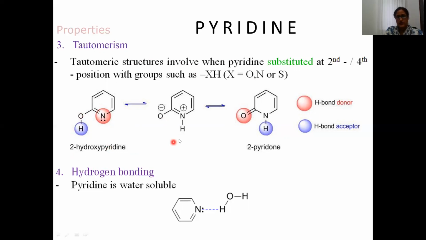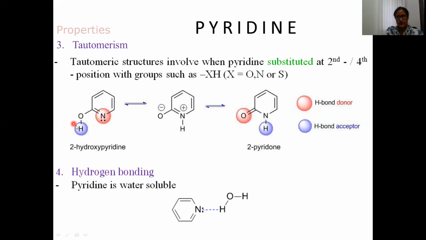So 2-hydroxypyridine is present in two forms, 2-hydroxypyridine and 2-pyridone. This oxygen acts as a hydrogen bond acceptor, and this pink colored nitrogen looks like a hydrogen bond donor.